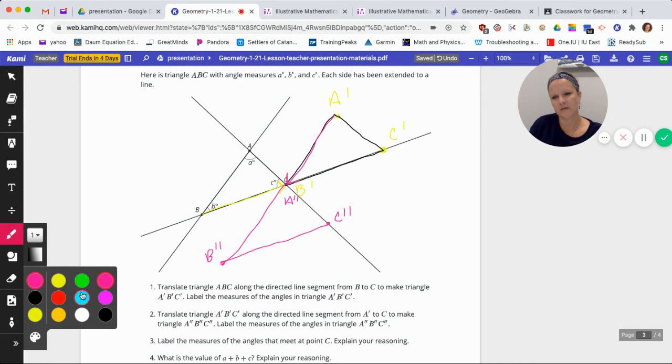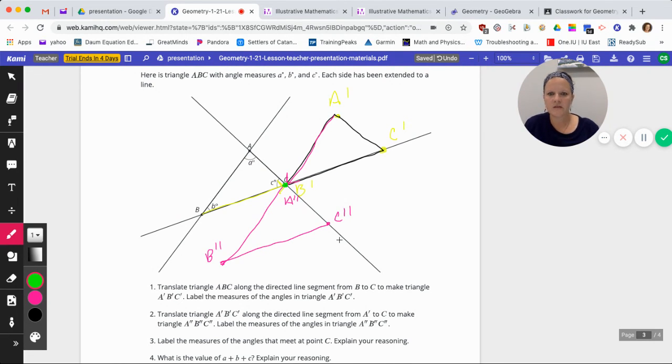Now label the measures of the angles that meet at point C. What color should we use? I like the green one. This is point C. We're not going to actually measure them, but I know that those are 180 degrees because those are vertical.